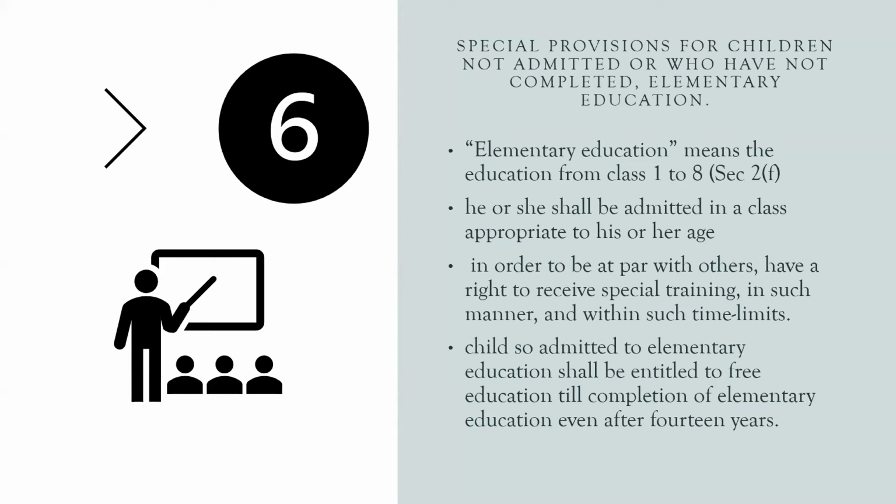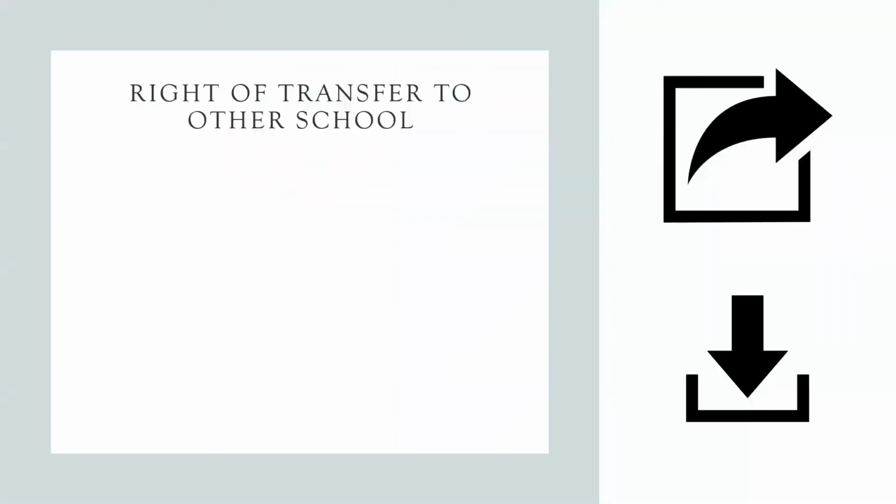Okay, right. What next? What if the child is studying in a place and wants to shift schools for any reason? So there has to be a right to transfer to any other school. If the school that is being run has no provision for completion of elementary education, say suddenly something comes up and the school is shut down for whatever reason, what happens to the children there?